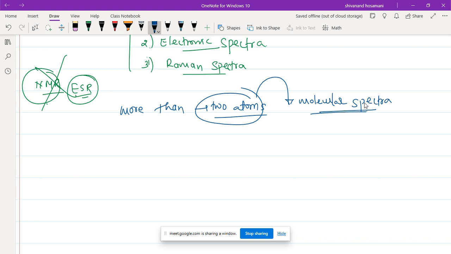Now, pure rotational spectra arise due to the change in the rotational state of the molecule. First one is pure rotational spectra.